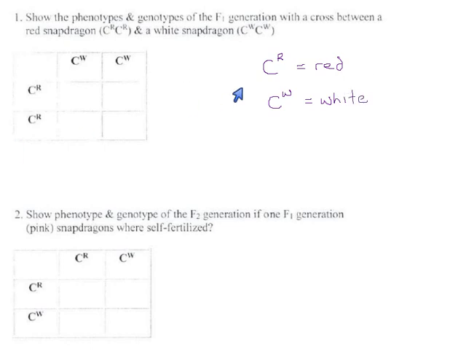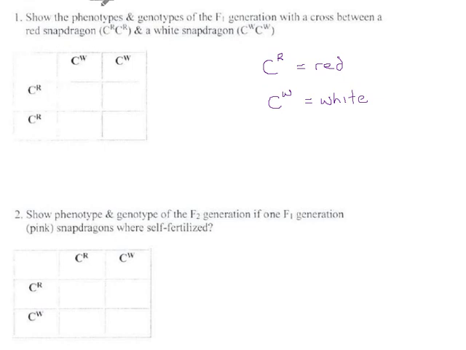Notice we're not bothering with capital and lowercase letters anymore because you can't really say either of these is dominant to the other, because what happens when these mix is you get a flower that isn't red or white. It's going to be the color that's a mix of red and white, which is pink.